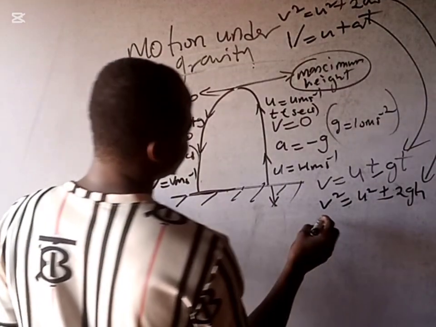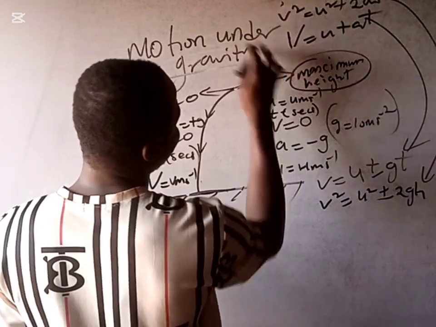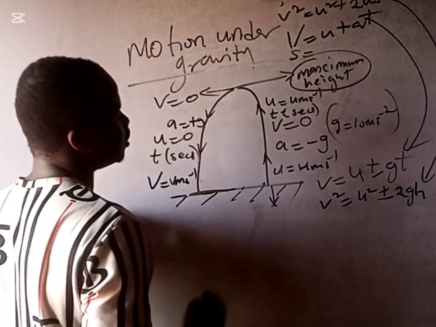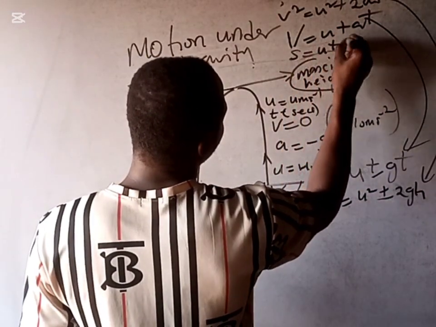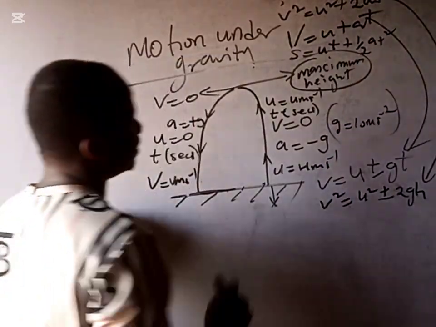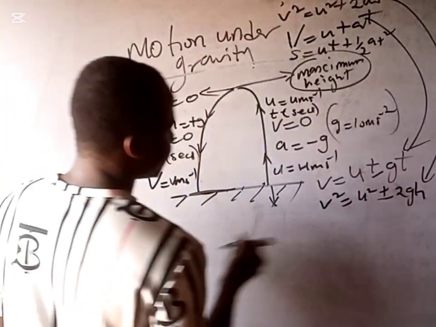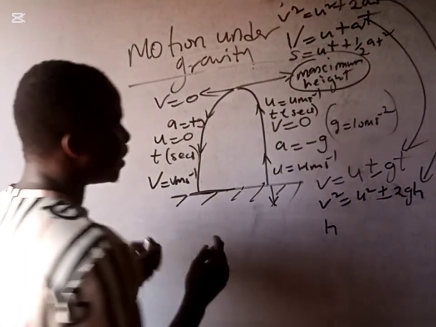Another one is s, or x. s is equal to ut plus 1 over 2 at squared. That's another equation of motion. But when it comes to gravity, it turns to h because we are dealing with height.